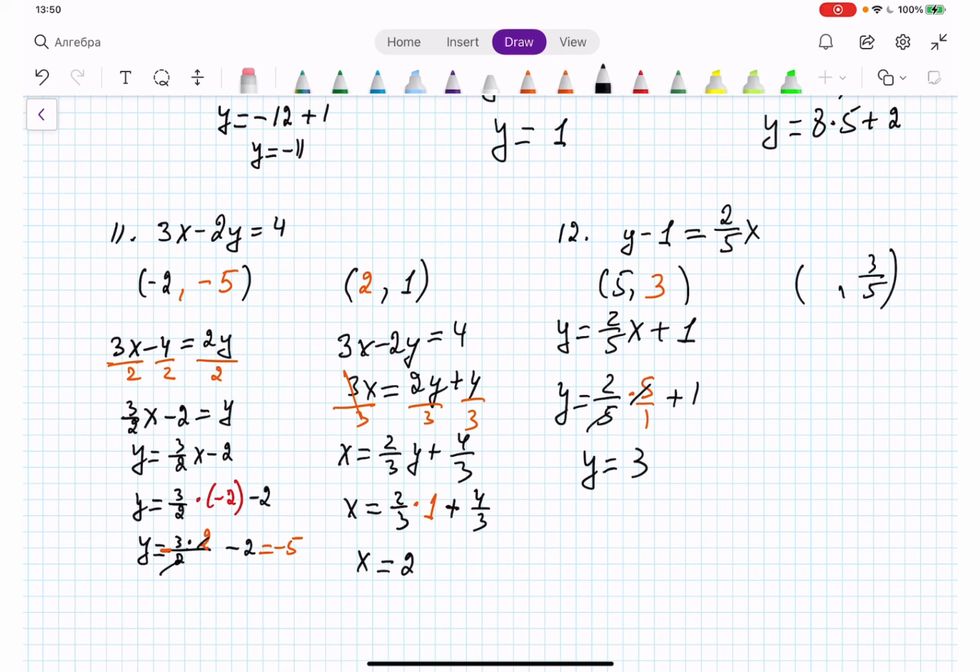Next, we need to find x because y is given as 3/5. So y minus 1 is equal to 2/5 of x. So let me rewrite: y minus 1. It's no difference. Since I have division by 5, I need to bring a common denominator, so the denominator is going to be 5 across the equation.